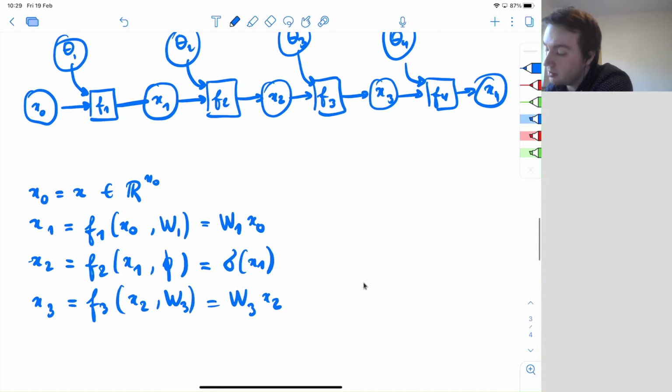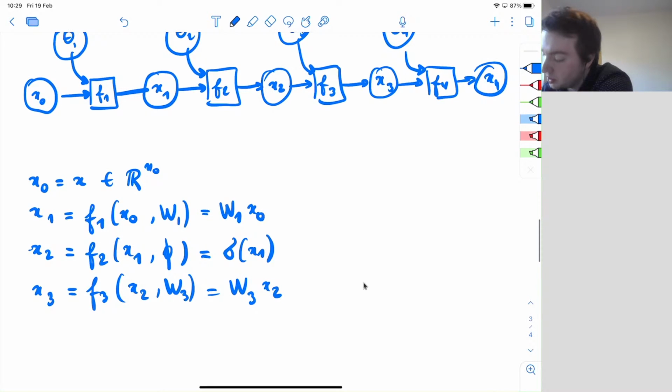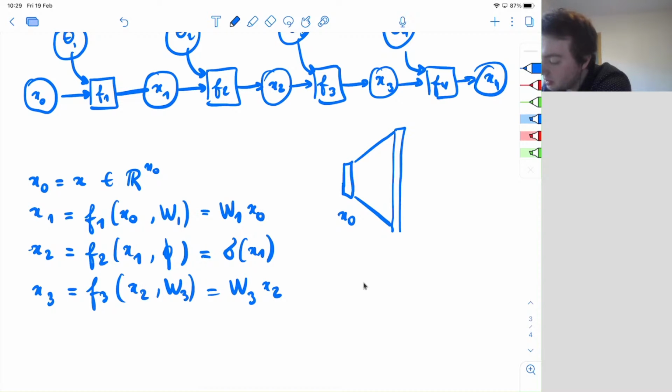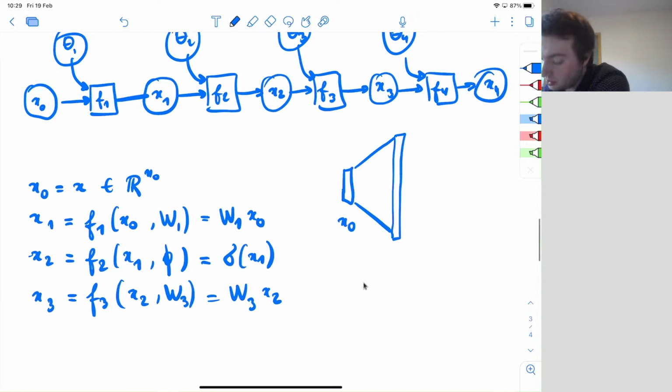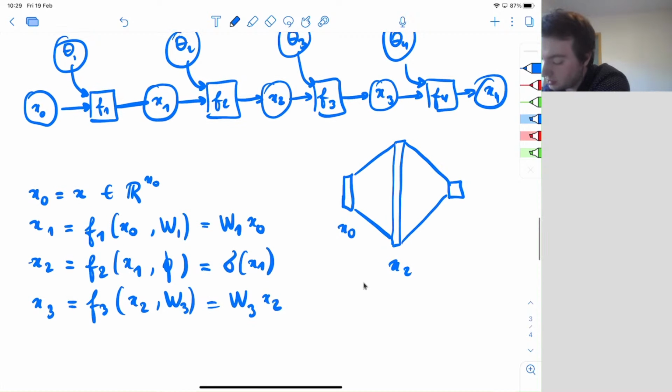For example, let's say we want to come to, so maybe I should draw this. Let's say this is x0, then we would have our neural network, which would then produce the term x2, right? So we would make the product and then the activation, and then we would compress that into a scalar value, which would be x3.